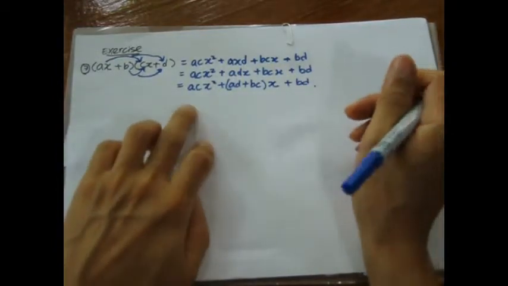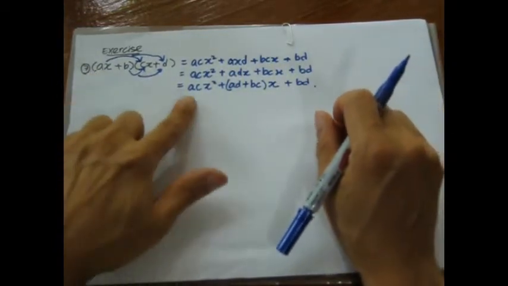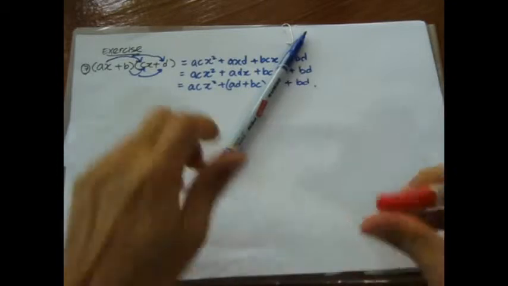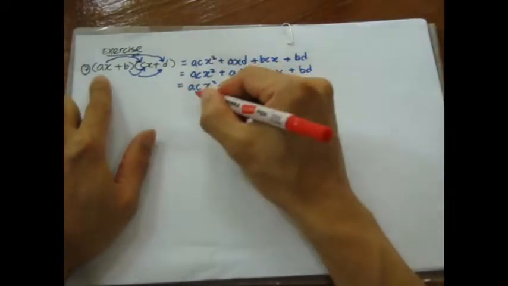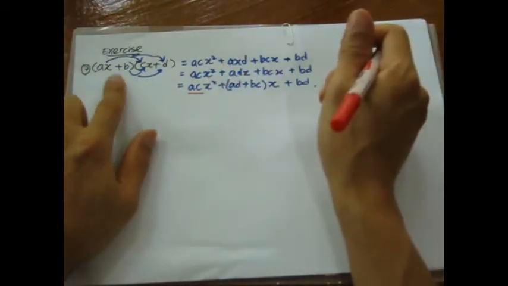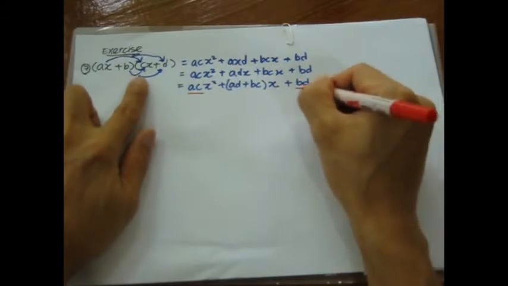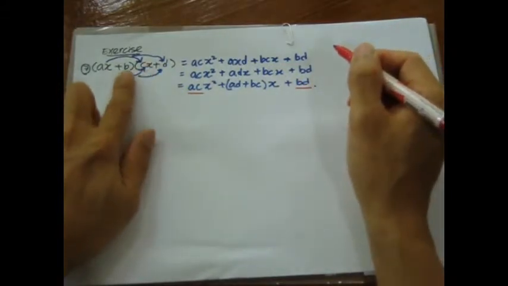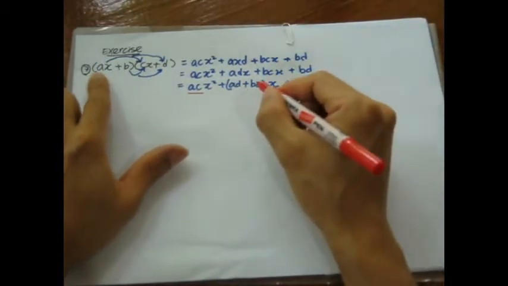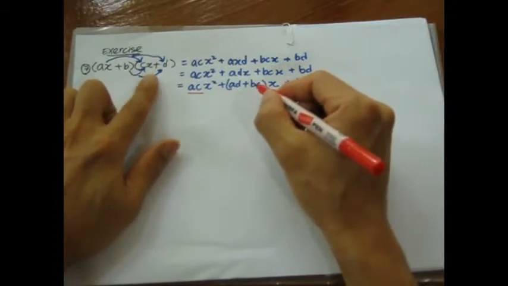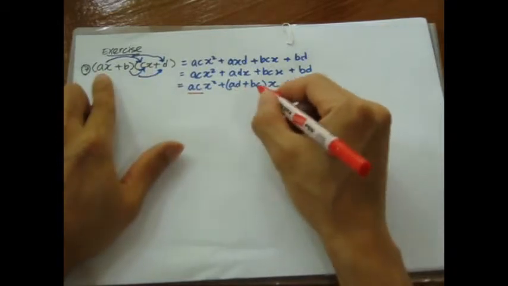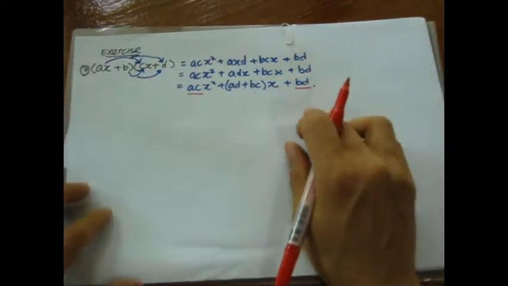One way to remember the answer is that AC comes from the product of the coefficients of the x's, and BD comes from the product of the constant terms. And here you have AD plus BC, that is the coefficient of x of the first term times the constant term of the second, plus the coefficient of x of the second term times the constant term of the first.